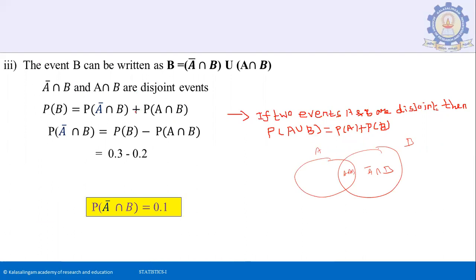So axiom 4 implies P of B equals P of A bar intersection B plus P of A intersection B. Let us keep this term on one side. So the other side is P of B minus P of A intersection B. P of B value is 0.3. P of A intersection B value is 0.2. So the final answer for probability of A bar intersection B is 0.1.